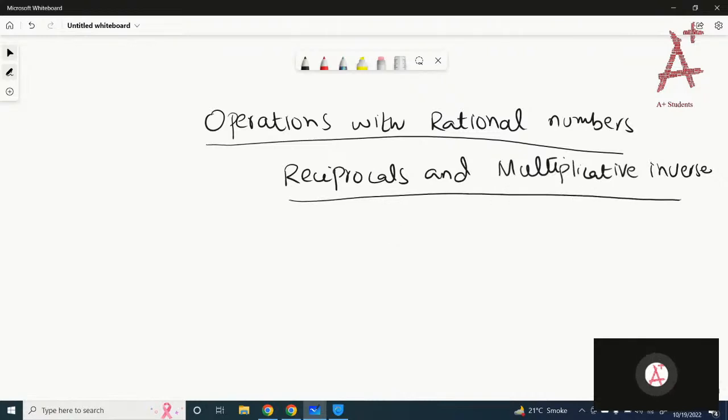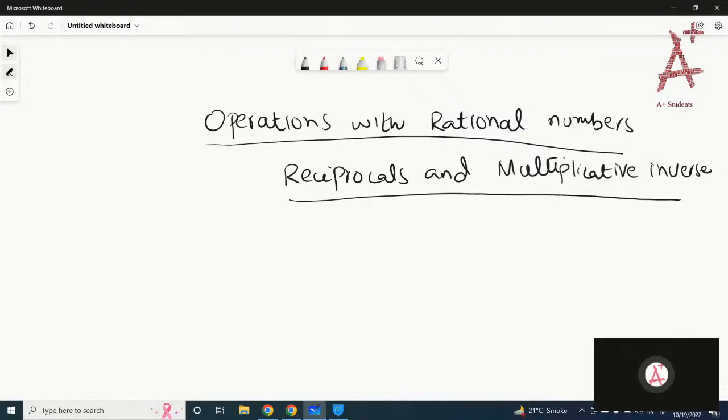The topic is reciprocals and multiplicative inverse. So let's start with reciprocals and the multiplicative inverse. So you have already worked on reciprocals. So what are the reciprocals?